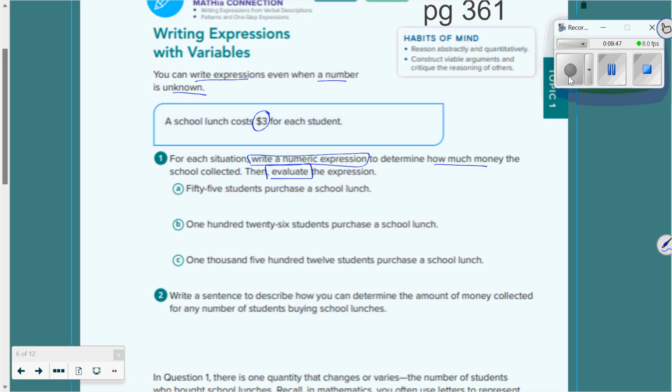Okay, so what was the important information? Lunch is $3. So A says 55 students purchased a school lunch. So what problem am I working out? 55 students times $3. And what do I get? $165.